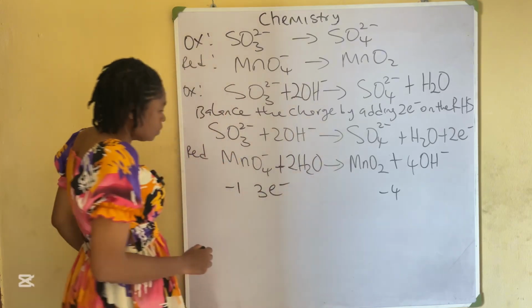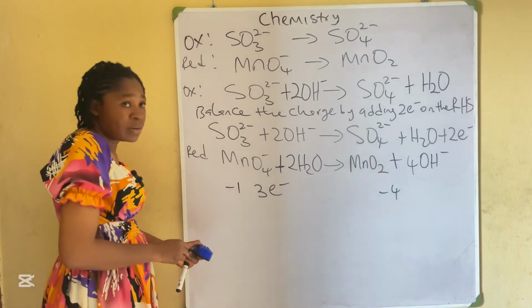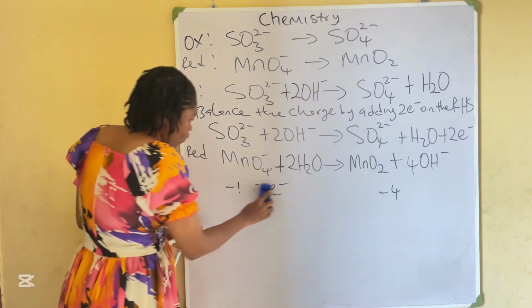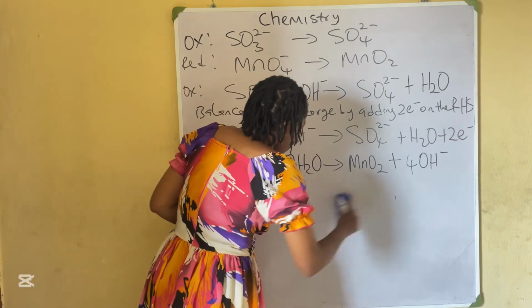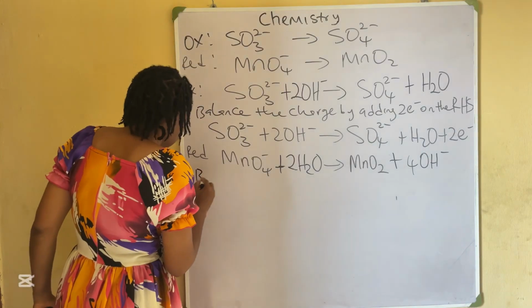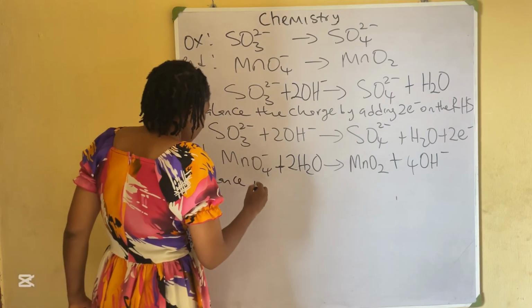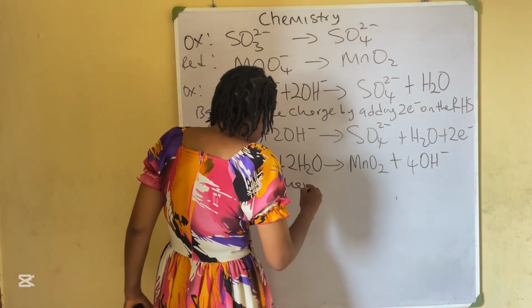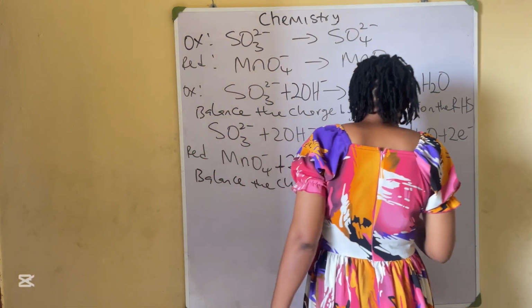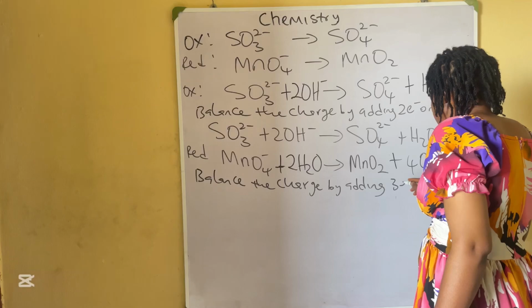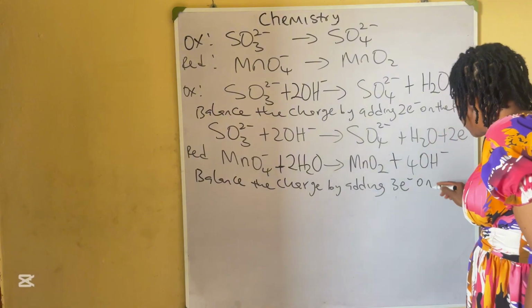Look at it. So if I add 3, it will be minus 1, minus 3. That will be what? Minus 4. So that will be minus 4. So balance the charge by adding 3 moles of electron on the left hand side.